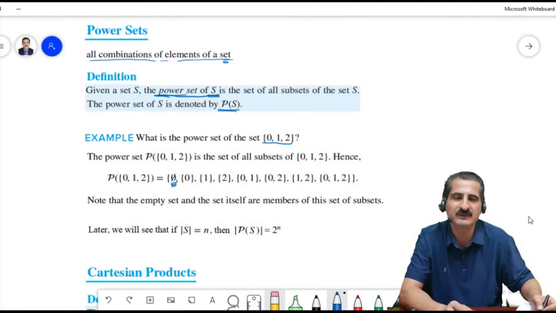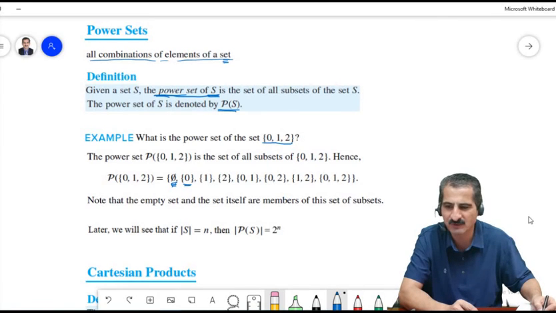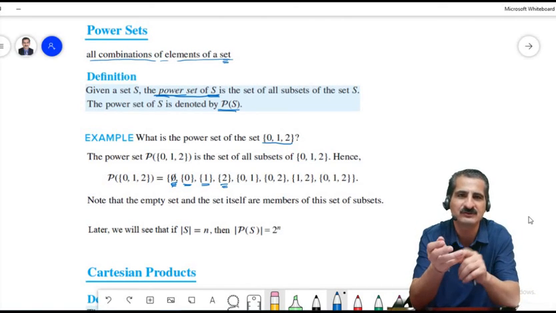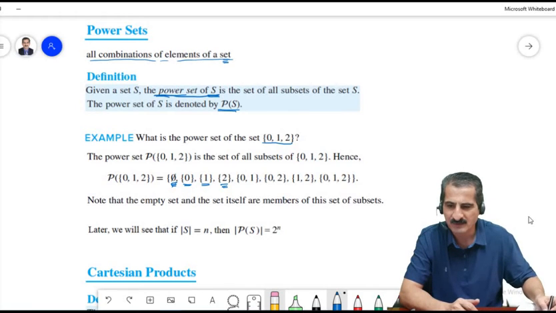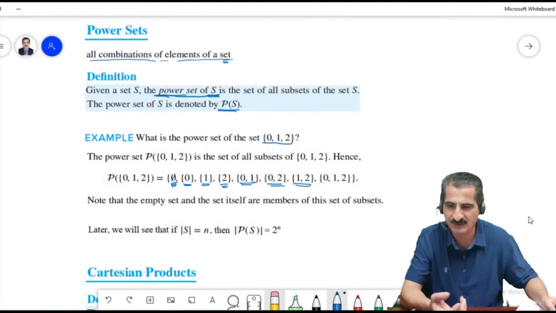Or I will take subsets each consisting of 1 element, singleton subsets: either 0 alone, 1 alone, or 2 alone. Or I will take combinations of 2 elements: {0, 1}, {0, 2}, {1, 2}. Or I will take the combination of all 3 elements, the whole set, and then this set comes out.